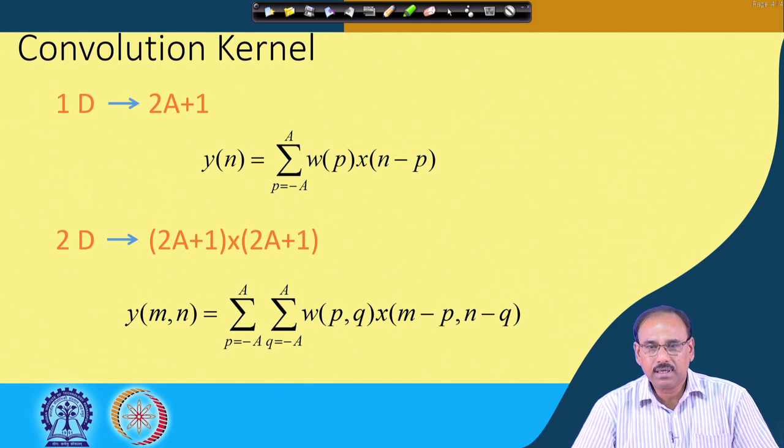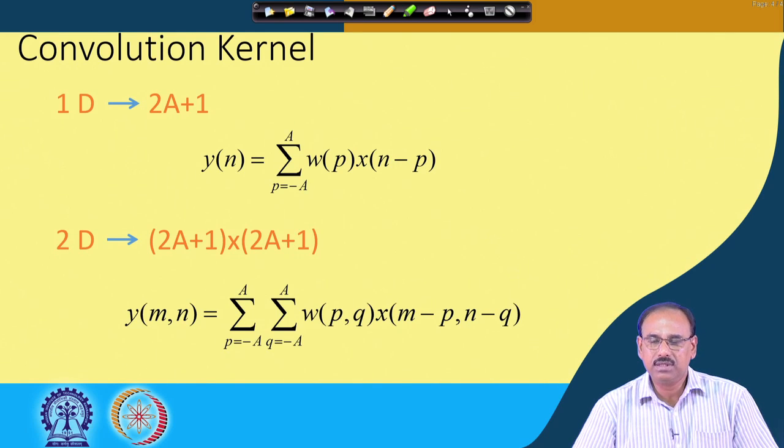Similarly, in the two-dimensional case, I will write the same convolution equation in the form y[m,n], where y[m,n] is the image sample at location (m,n) in the output image. So here the convolution operation simply becomes y[m,n] equal to the sum of w[p,q] x[m minus p, n minus q], where both p and q vary from minus a to plus a.